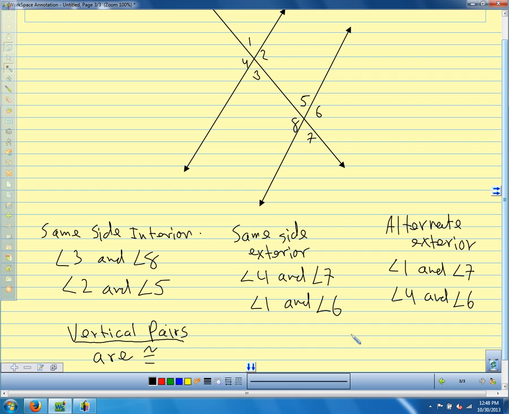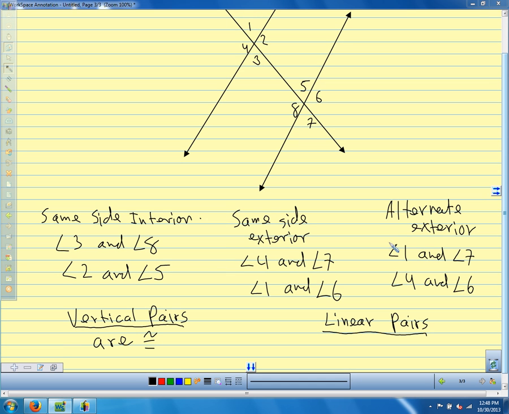And then on the bottom on the other side, it says linear pairs. And what do we know about linear pairs? They're supplementary.